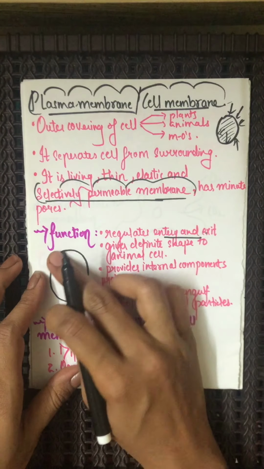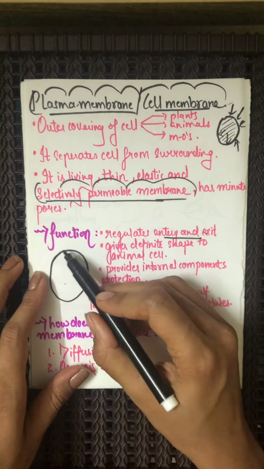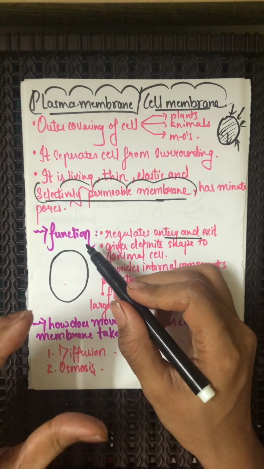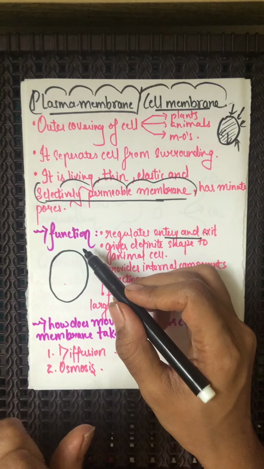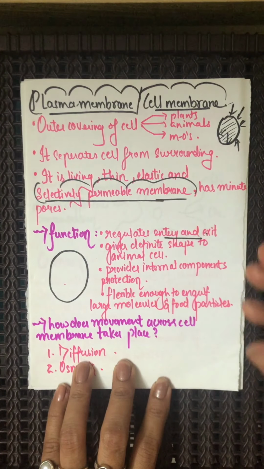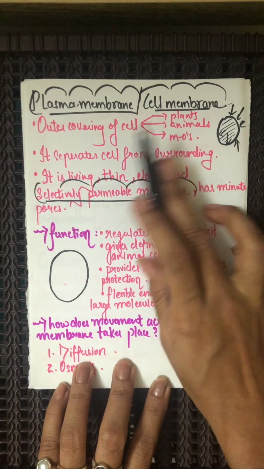It gives a definite shape to the animal cell. As this is present, because of the cell membrane, there is a given shape to the given cell. Yes, every cell has a particular shape, and that shape is maintained because of the cell membrane or the plasma membrane.